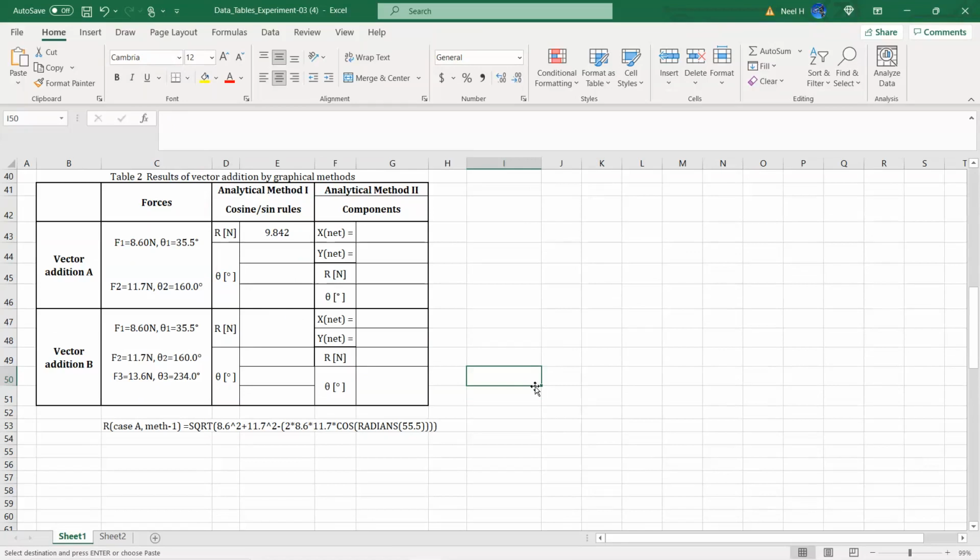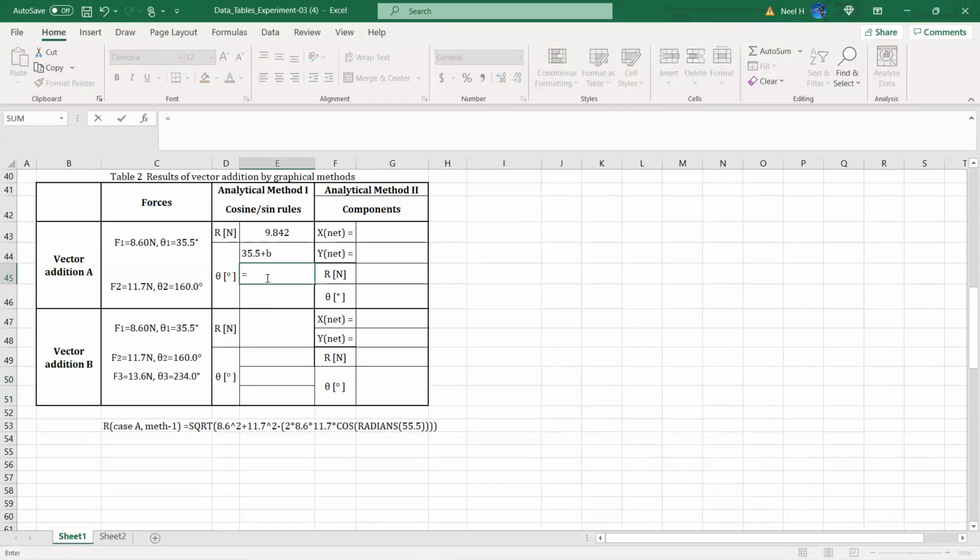Okay, then let's continue. Now to find the theta, I can't find the theta directly, but I can do it by adding theta 1, which is 35.5, plus angle B, right? That's what we're going to do. Let's calculate angle B in this cell. When an angle is calculated using Excel, it will automatically be the radian value. We don't like to see the radian value. We like to see the degree value, which means I have to have a degrees command first. Then inside, arcsine, inverse sine: if you type A and S, the arcsine function will appear.